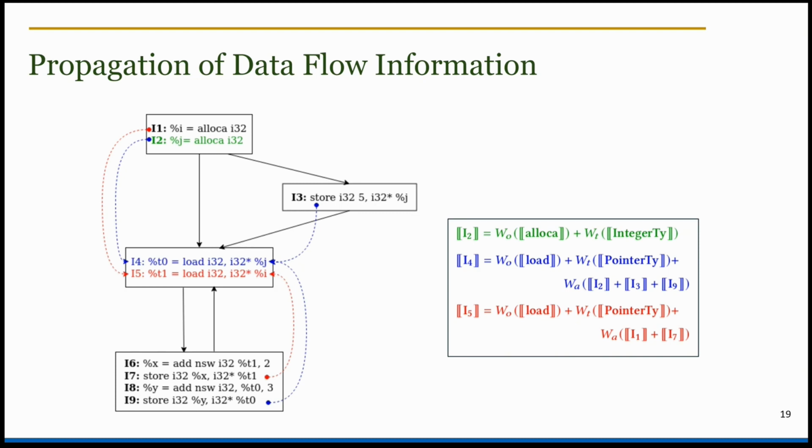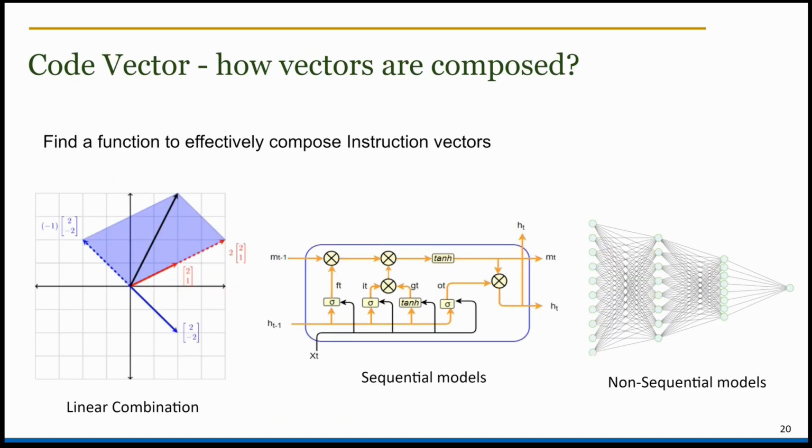And again, here we have a representation for every instruction. How we combine the representations of the instructions to arrive at function, program, or basic block level is a separate problem. It can be dependent on the application or how we want to model the vectors. So several possible ways exist. We can simply do some sort of linear combination, if we want to give more weightage to particular instructions, and so forth.